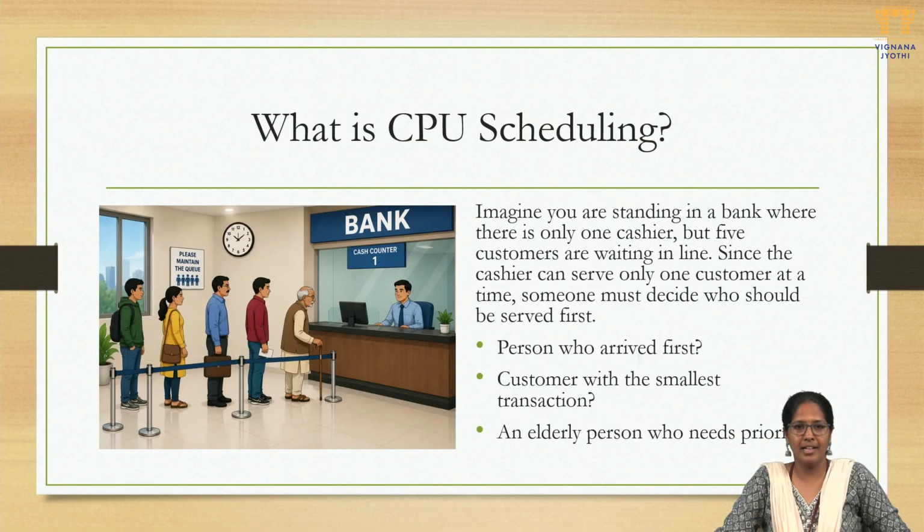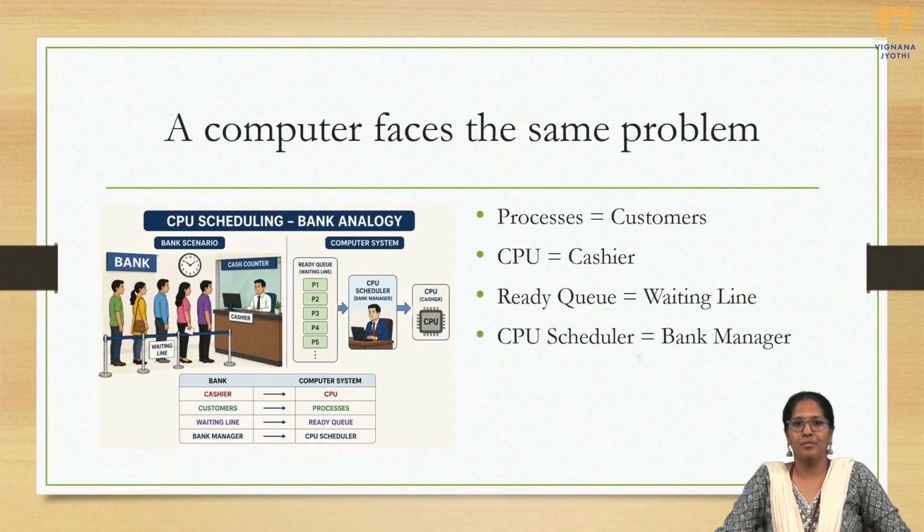Or should an elderly customer or a person with special needs be given priority? There isn't just one correct answer. Different banks may follow different service policies depending upon their objectives, and a computer system faces a very similar situation. For better understanding, let's map our bank example to the computer system.